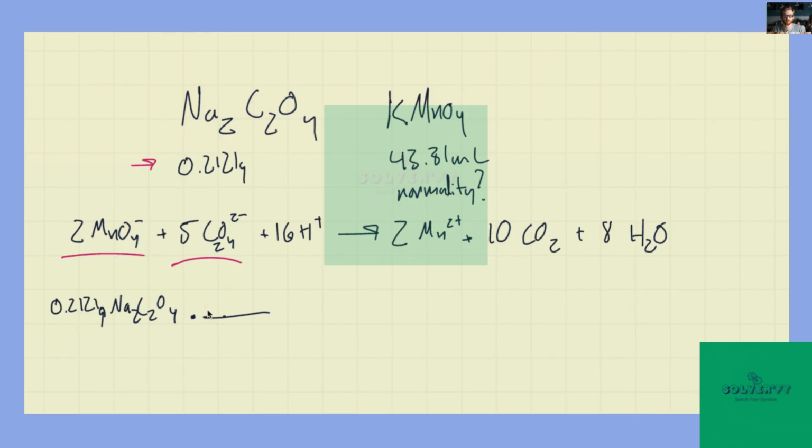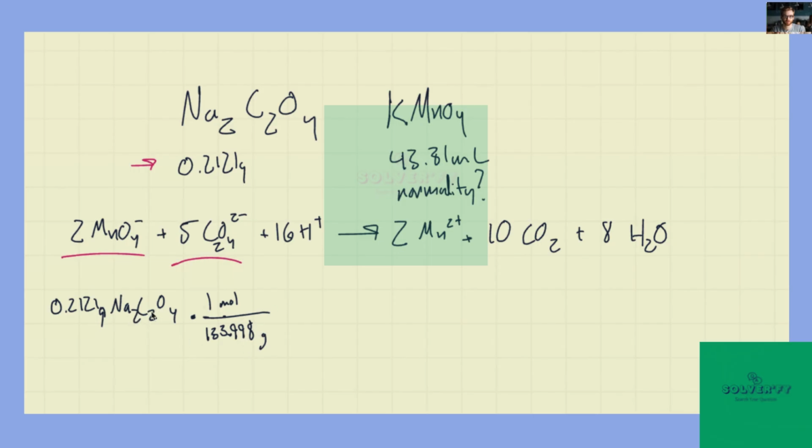Okay, so we want to put grams on the bottom and moles on top because we're trying to convert from grams to moles. So we're going to say 133.998. Okay, that's grams for every 1 mole, and that's for sodium carbonate. Or we could also think of this as, I guess, sodium oxalate.